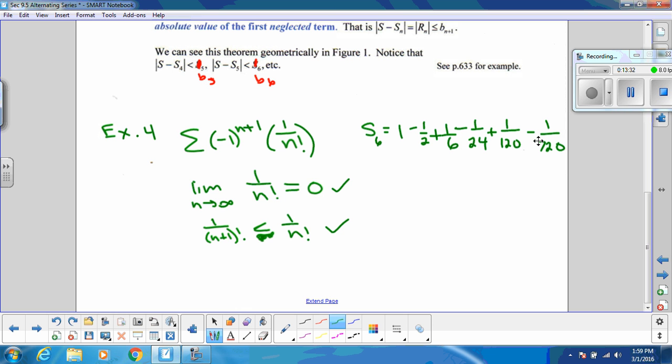All right, so you see how they did that. And all of that, if I do the decimal approximation, is 0.63194. So that's our estimation.